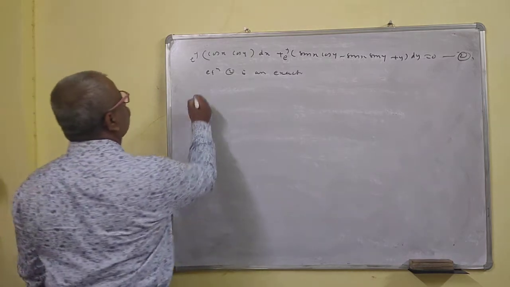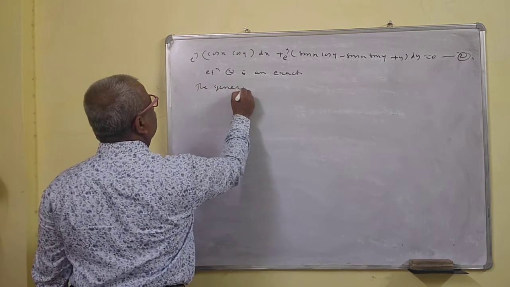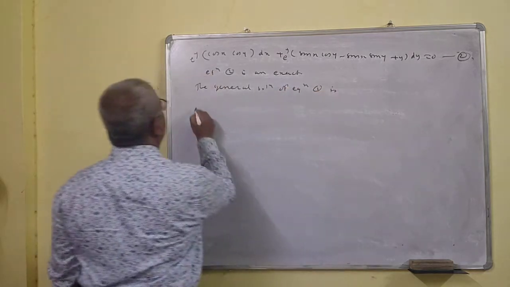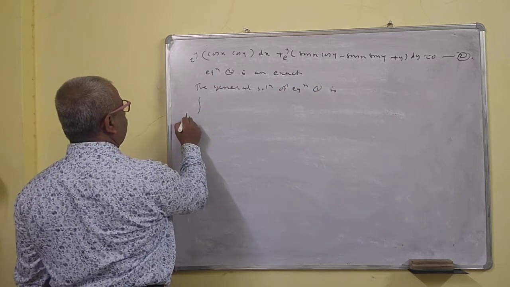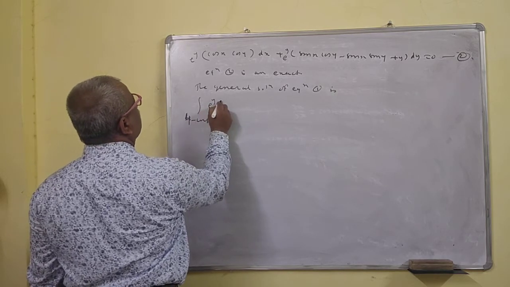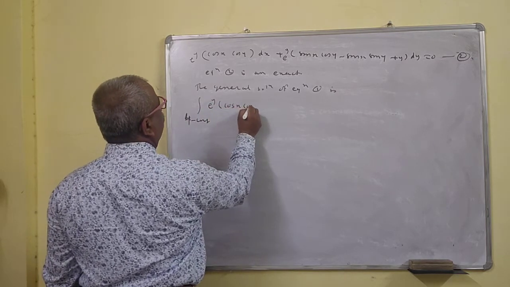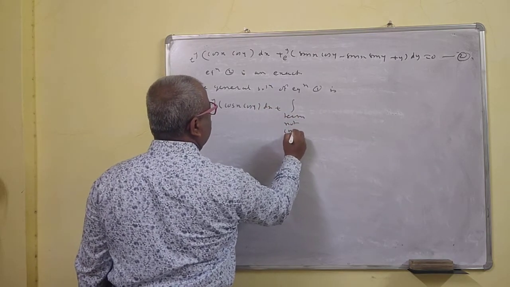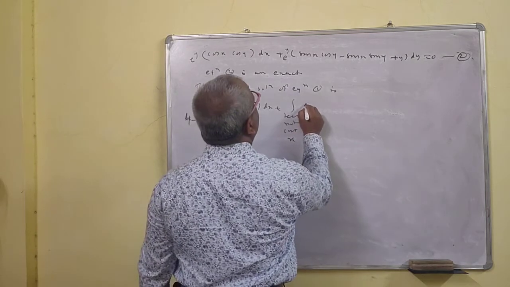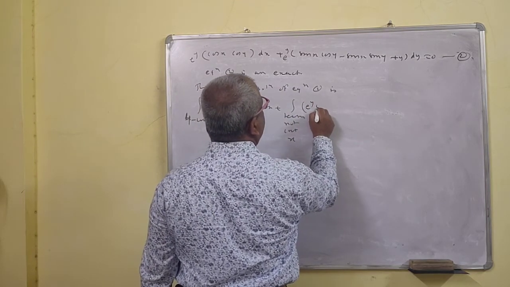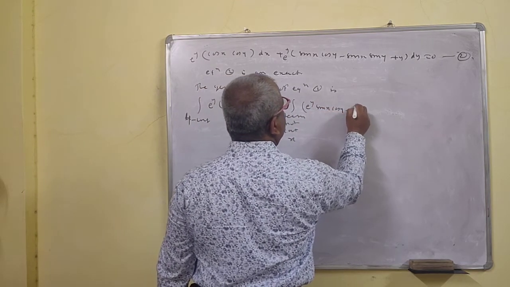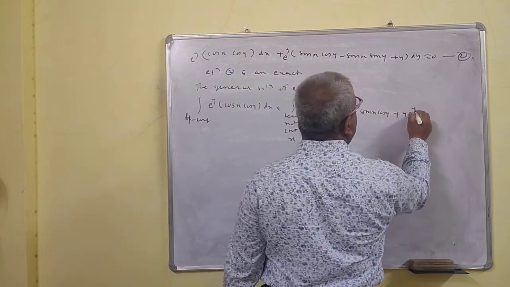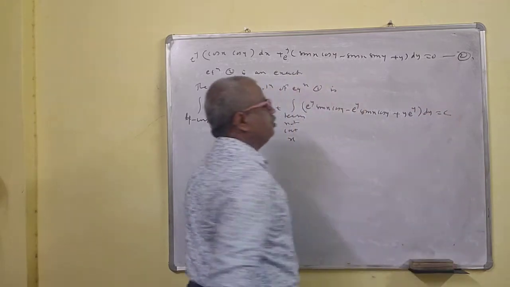So the general solution of equation 1: take y constant, integrate e raised to y cos x cos y dx, plus the term not containing x, which is e raised to y multiplied by sin x cos y minus e raised to y sin x cos y plus y e raised to y, dy is equal to c.